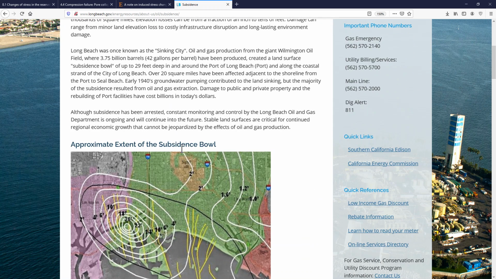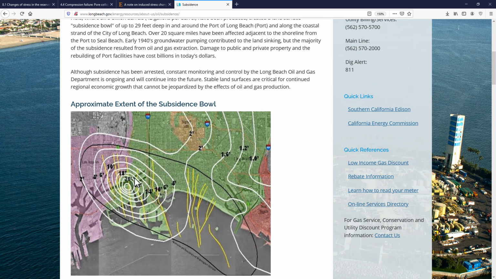So this is the case of Long Beach, California. At the beginning of the 19th century, this place was recognized to have massive amounts of oil, and therefore extraction of oil started at that time. However, what they didn't recognize at that time was that this extraction of oil was causing a significant subsidence of the surface.